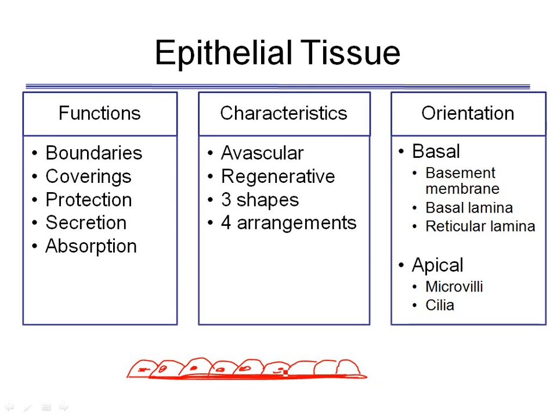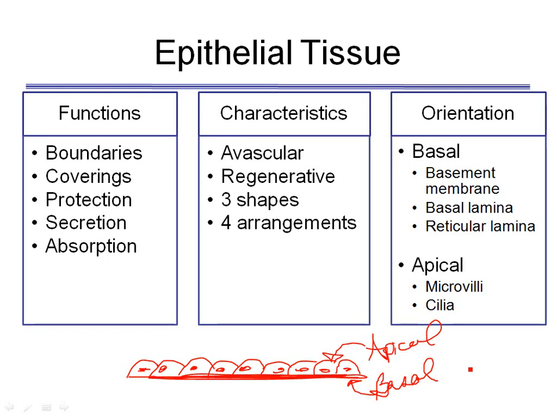Okay, and then what we can talk about now is the surfaces. This surface touching the deep basement membrane is the basal surface. This surface in contact with the environment is the apical surface.